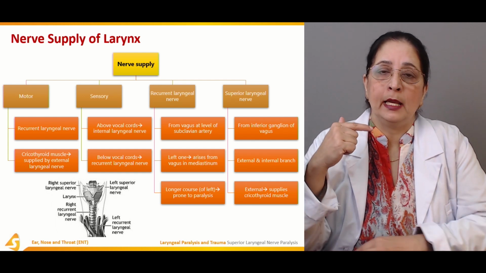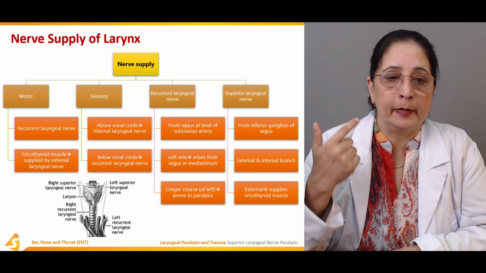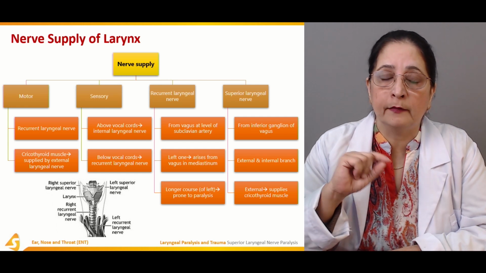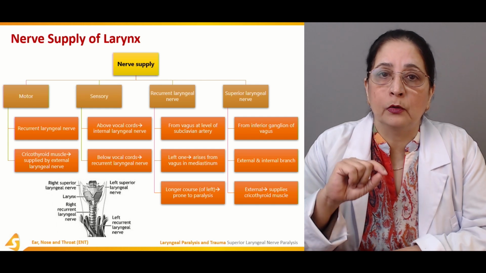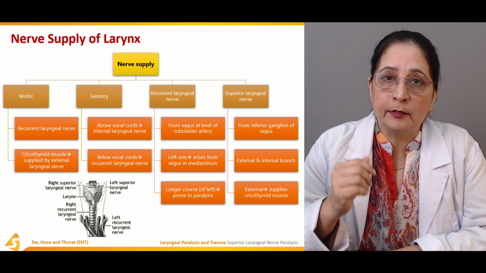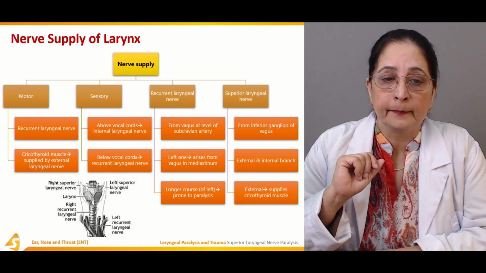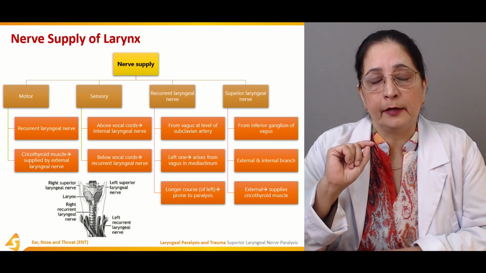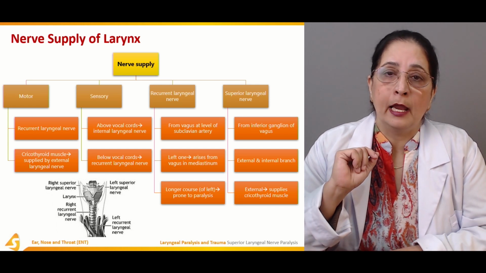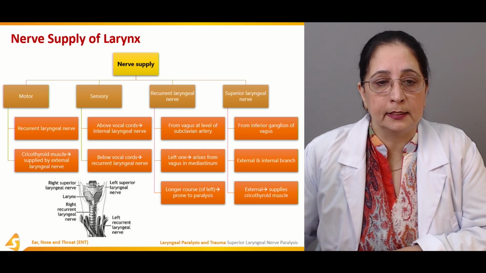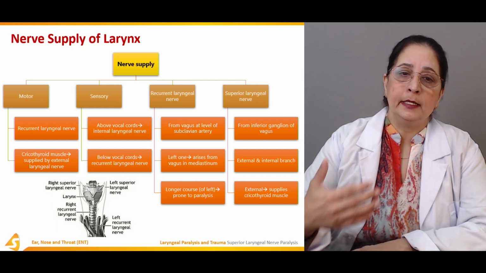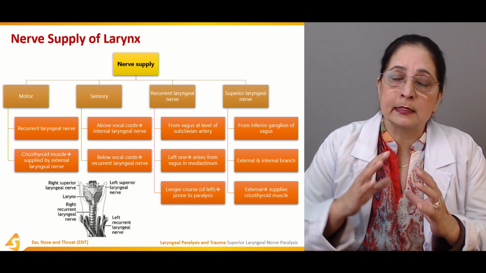Again, we have the motor function, which is by the recurrent laryngeal nerve and the external branch, which supplies the cricothyroid muscle. Sensory is by the internal branch of the superior laryngeal nerve, and also by the recurrent laryngeal nerve itself. So all this is the nerve supply of the larynx.